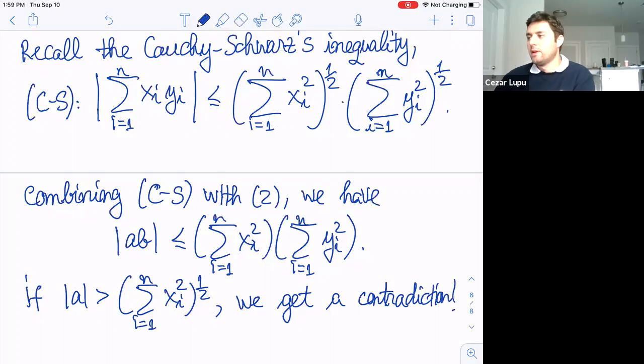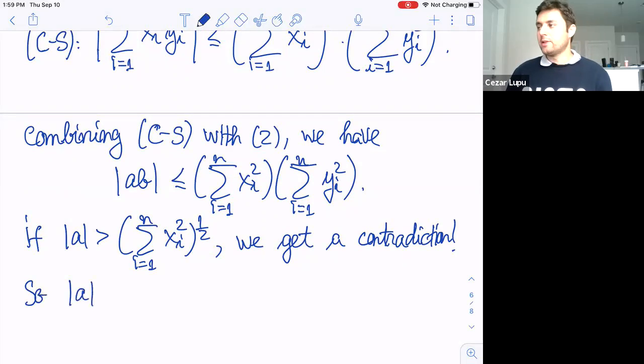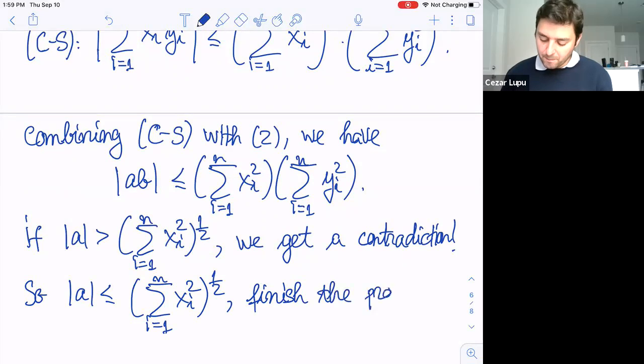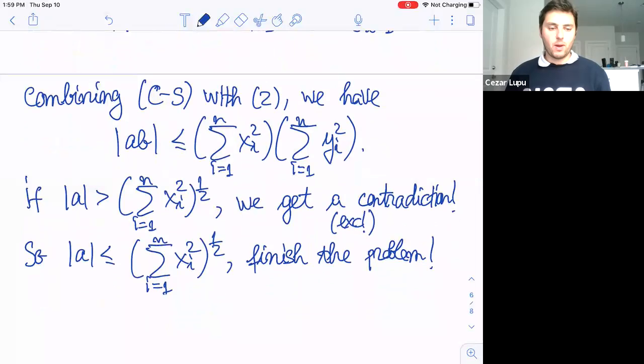It will contradict, so therefore the absolute value of a is at most the sum of this, and you can finish off the problem from here. This will follow immediately from another Cauchy-Schwarz. But anyway, I'll leave the details to you.